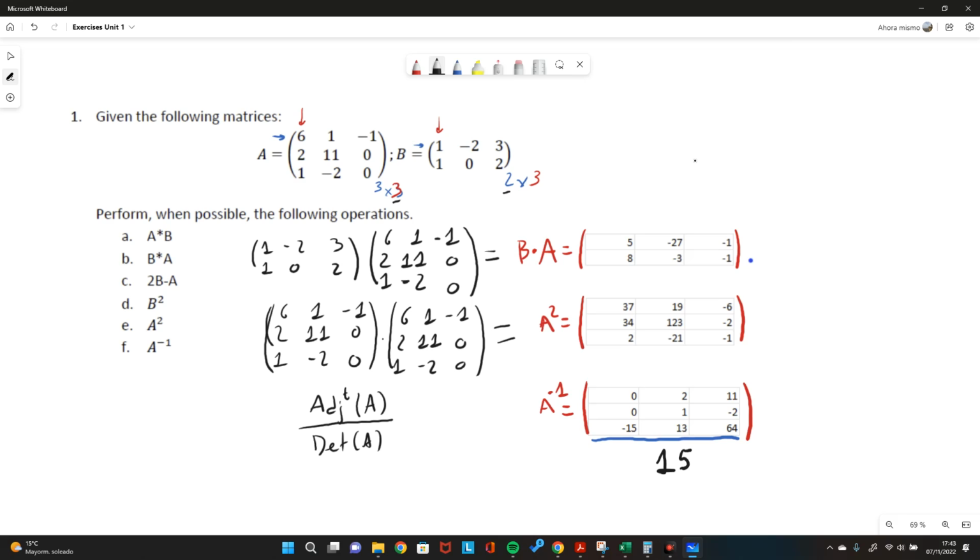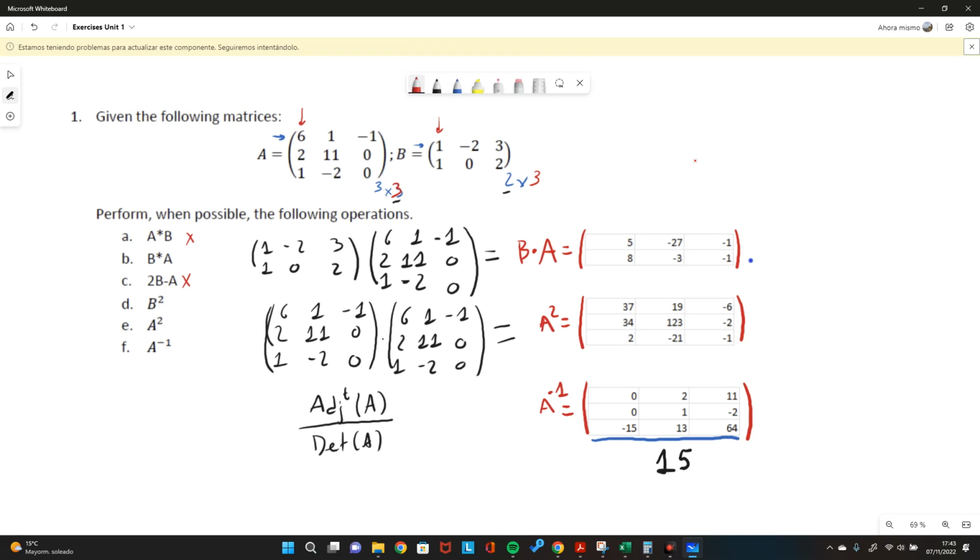So you cannot perform A times B, but you can perform B times A. This is not possible as well because B and A have different sizes, so the sum operator cannot be applied here. B squared doesn't work because squaring only works for square matrices, and B isn't a square matrix because it has a different number of columns and rows.